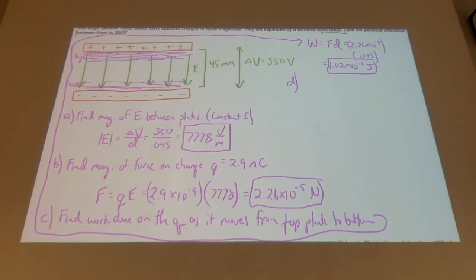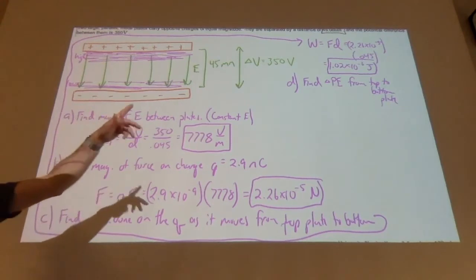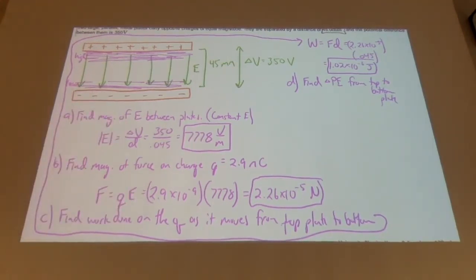Okay? One other thing that we can quickly find here is, let's see, find the change in electric potential energy from top to bottom. So again, this is the potential energy that the charge possesses. Remember, potential energy is possessed by the charge.